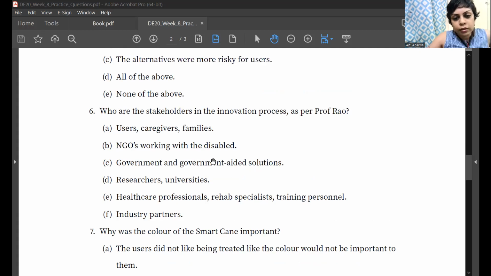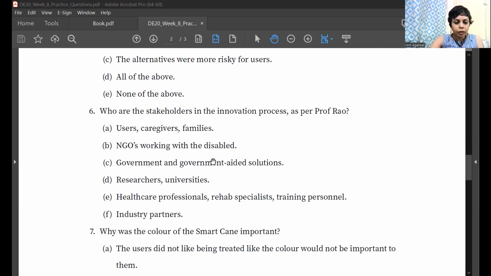There's, of course, that slight difference between design process and innovation process. And that's what I wanted to highlight here, that in this module, we talk about who are the stakeholders in the innovation process as per Professor Rao.